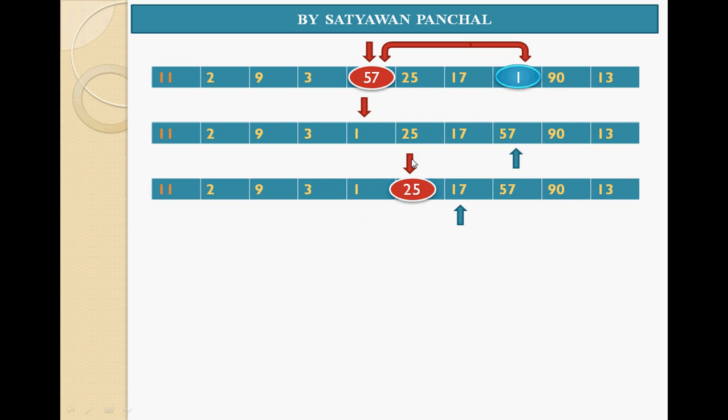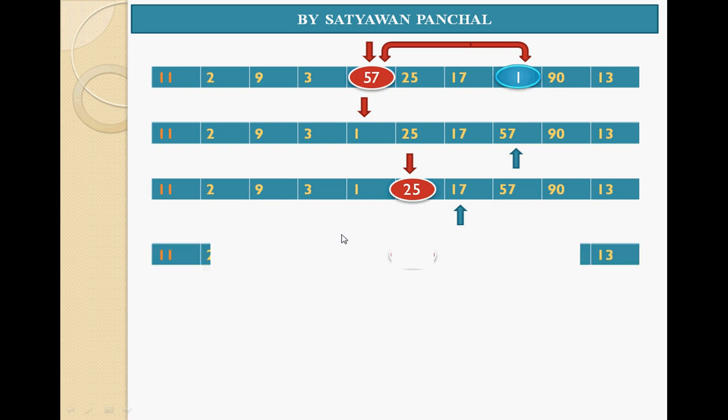Until we cross these lines, we will find these, but we do not interchange them if this blue is on the left side and this red on the right side. We'll keep on finding the elements, okay, but we do not interchange them if these two have crossed each other.